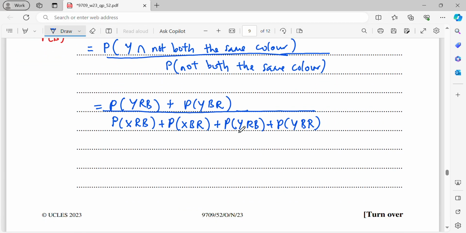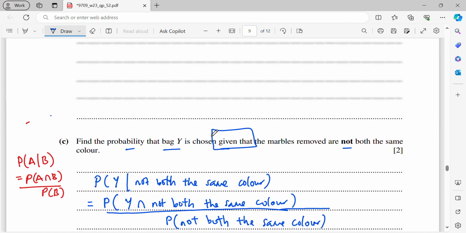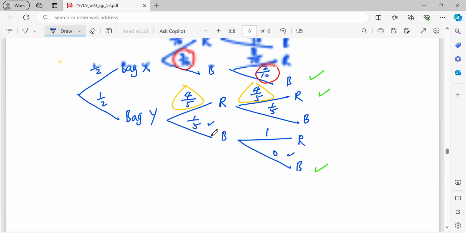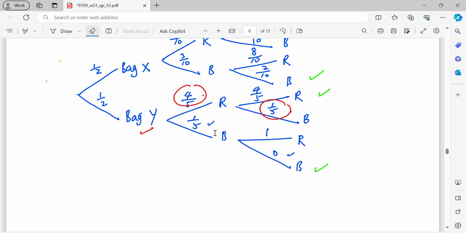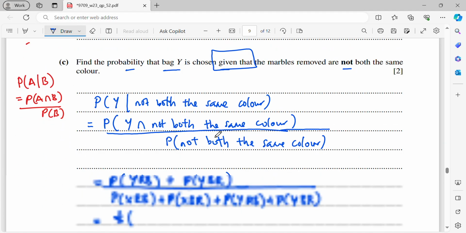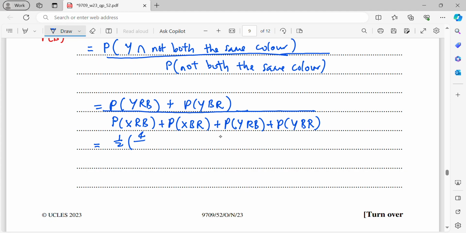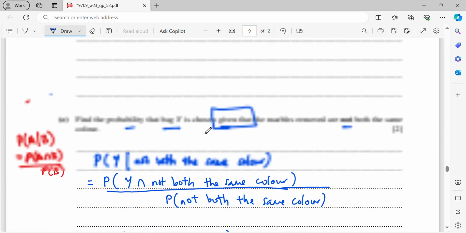Okay, so now for the YRB, Y is half. So the RB, let's look at the tree diagram. Okay, so now back Y, R, then B. That means 4 over 5 times 1 over 5. Okay, so I erase all this first. So I will have to write 4 over 5 times 1 over 5. Then plus half BR. Why BR?